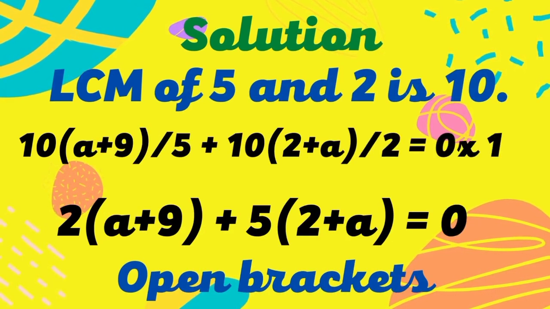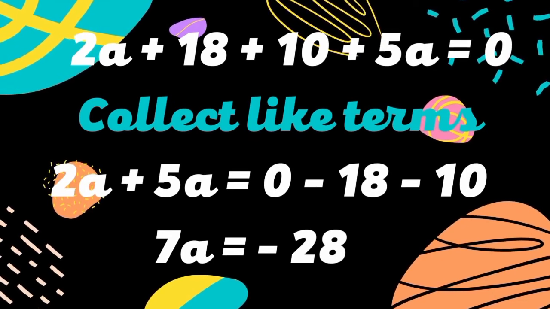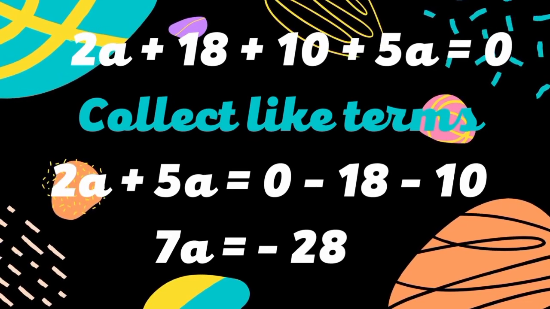So when you multiply each term by this LCM, you have 2 bracket a plus 9 plus 5 bracket 2 plus a equals 0. So the next step will be to open brackets. If we open bracket, we have 2a plus 18 plus 10 plus 5a equals 0.